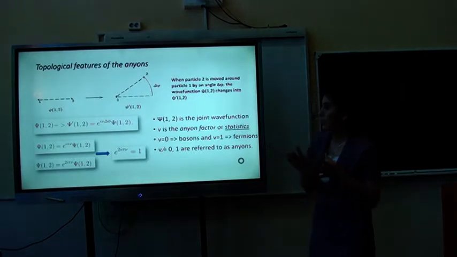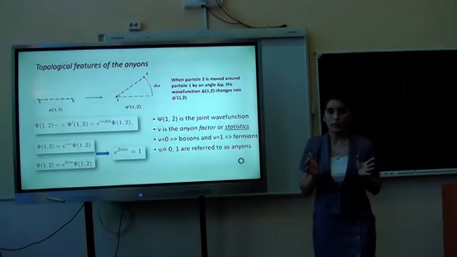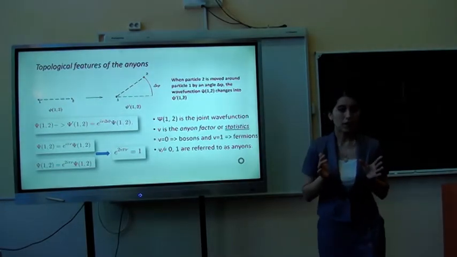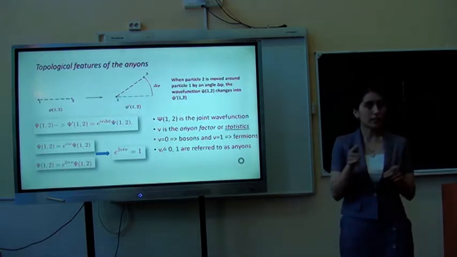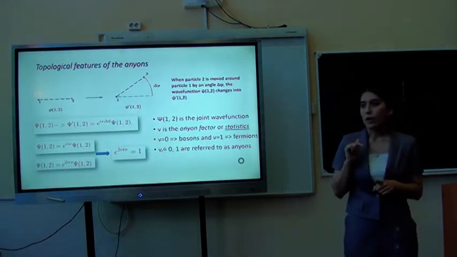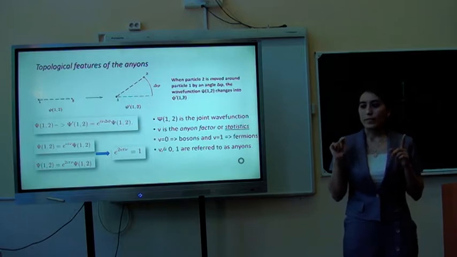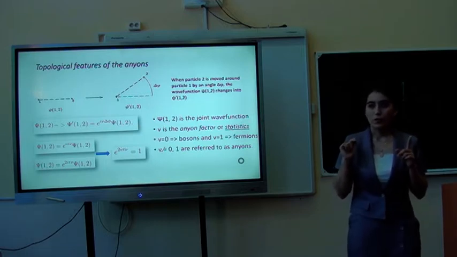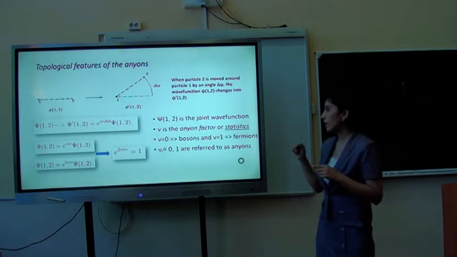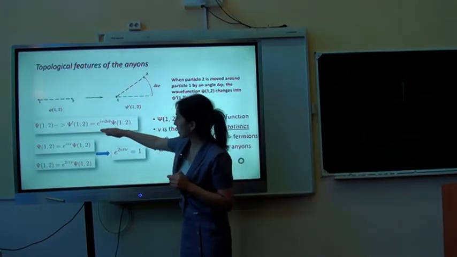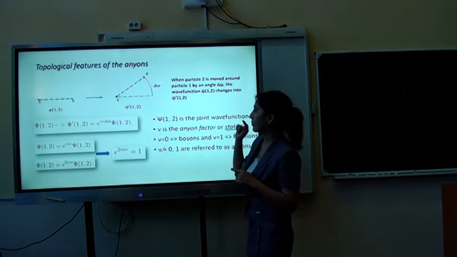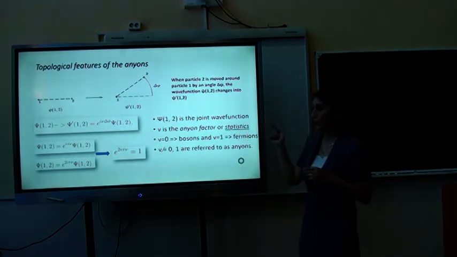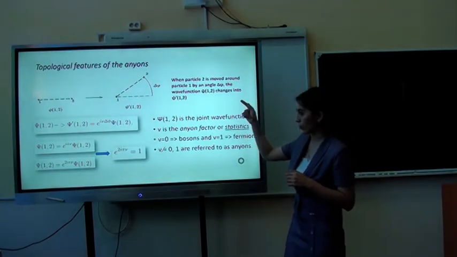Suppose that if we take two identical particles in our real world, and we exchange their places, the probability should stay the same. And with the following, we get this expression. So here is the angle we get after moving the second particle around the first one.